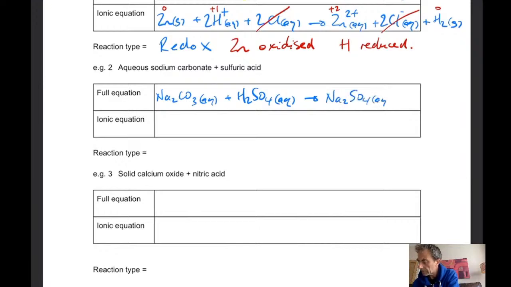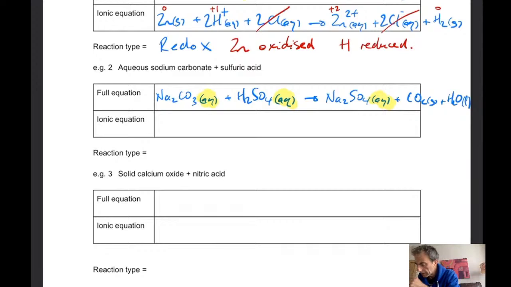So acid plus carbonate gives salt, water and carbon dioxide, so we need CO2 gas and H2O liquid. Okay, so we've got aqueous, aqueous, aqueous.